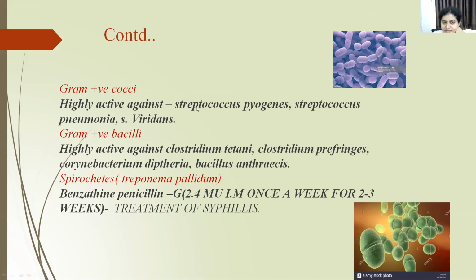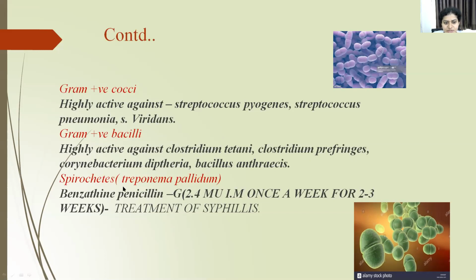It is effective against beta hemolytic streptococci, endocarditis caused by Streptococcus viridans, tetanus caused by Clostridium tetani, and diphtheria infections and whooping cough. So based on the organism, you can write the respective disease name.